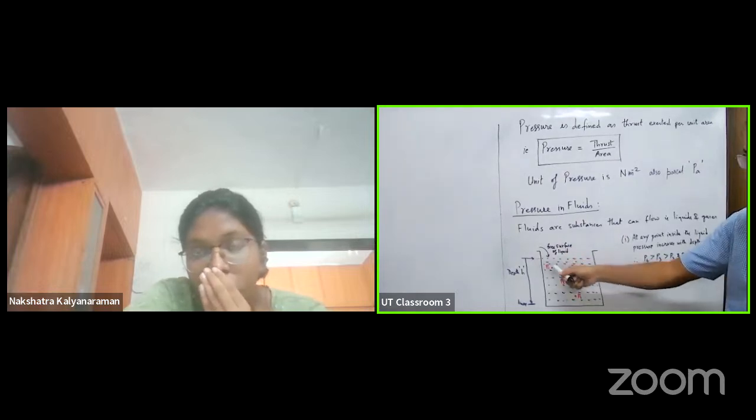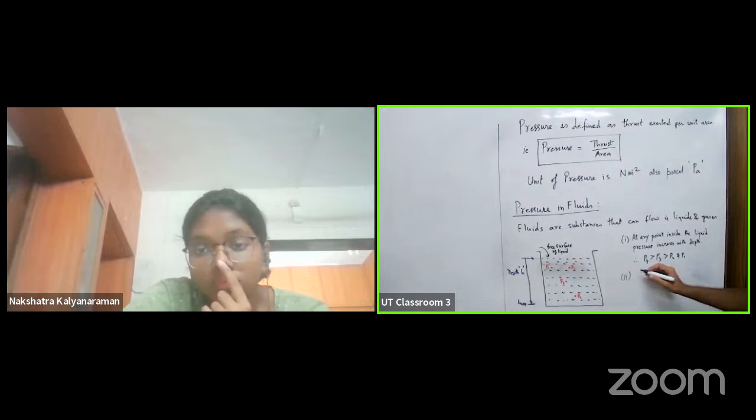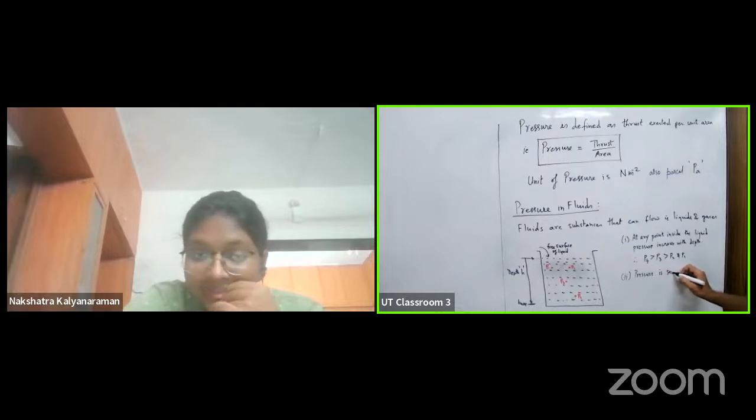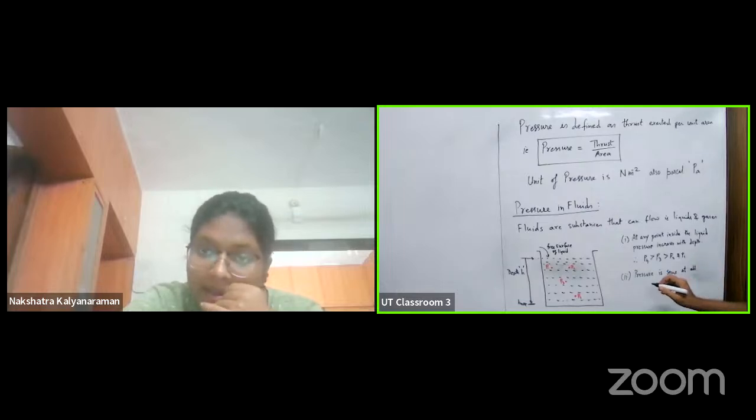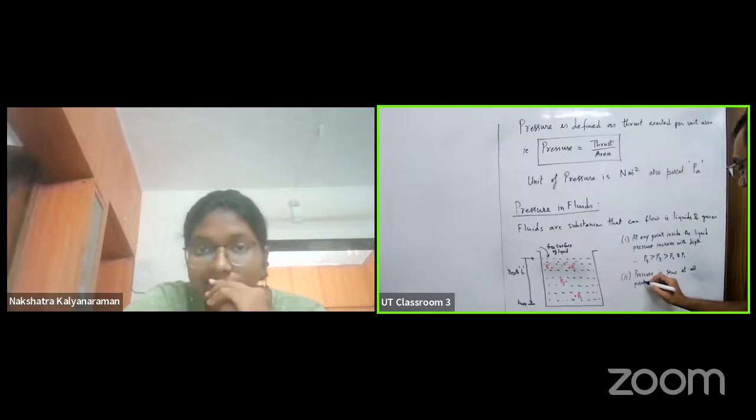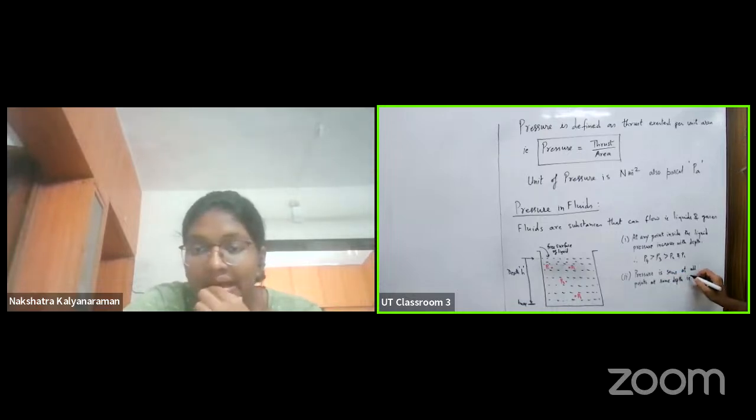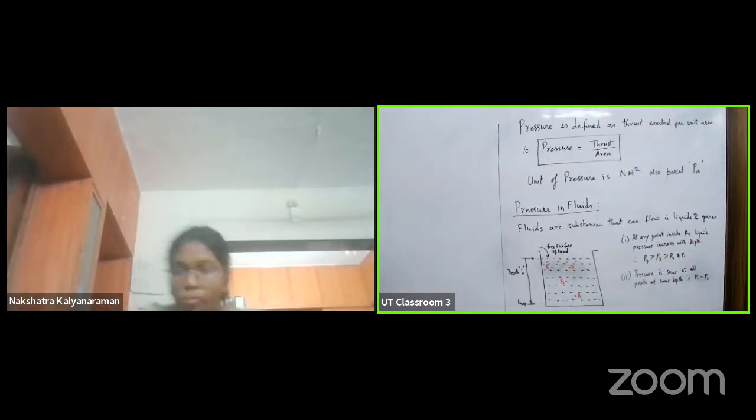So if the depth of P1 and P2 is the same, the pressure is the same at all points at the same depth. That is, P1 is equal to P2. If you take any other point at the same depth, the pressure will be the same.